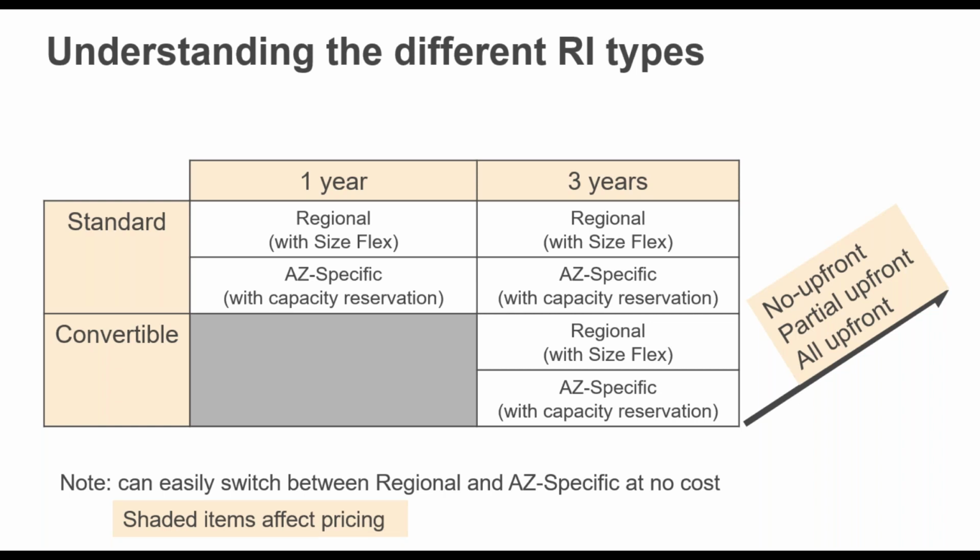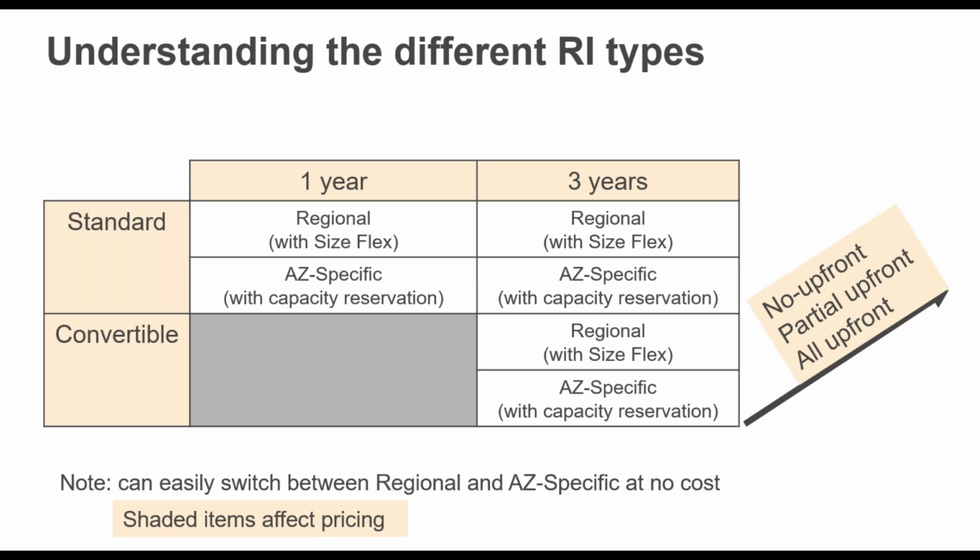You could do it in the no upfront fashion, where you're making no CapEx commitment, or you can add CapEx components to the reserved instance in either a partial or an all upfront fashion.